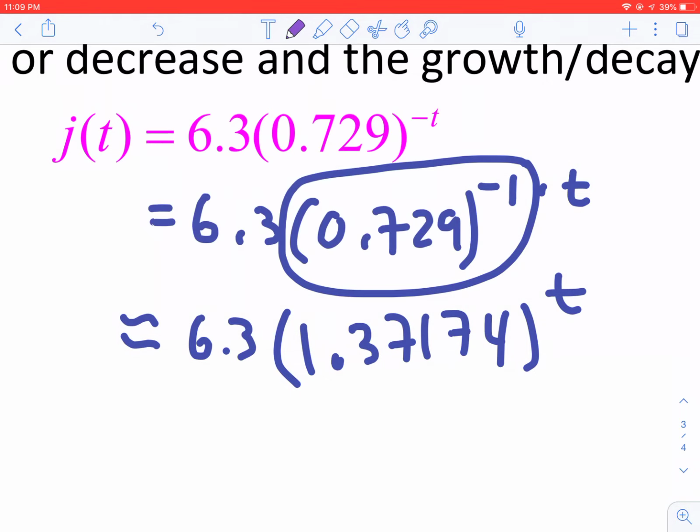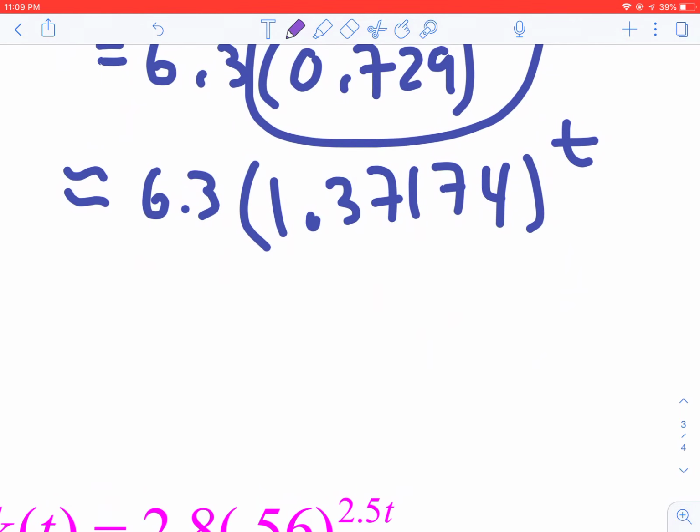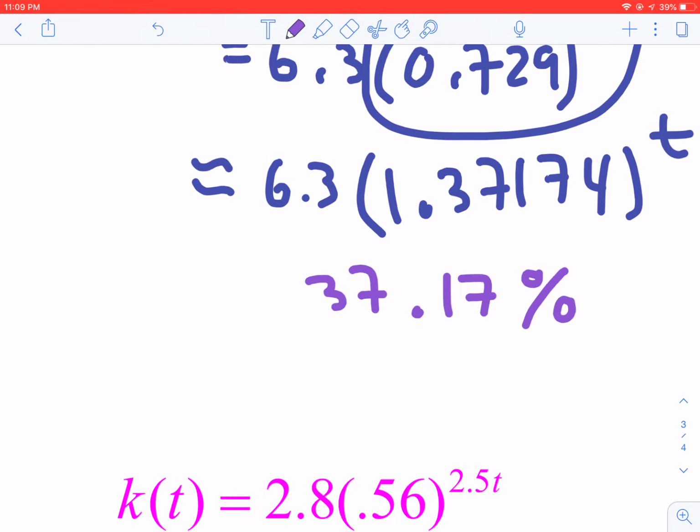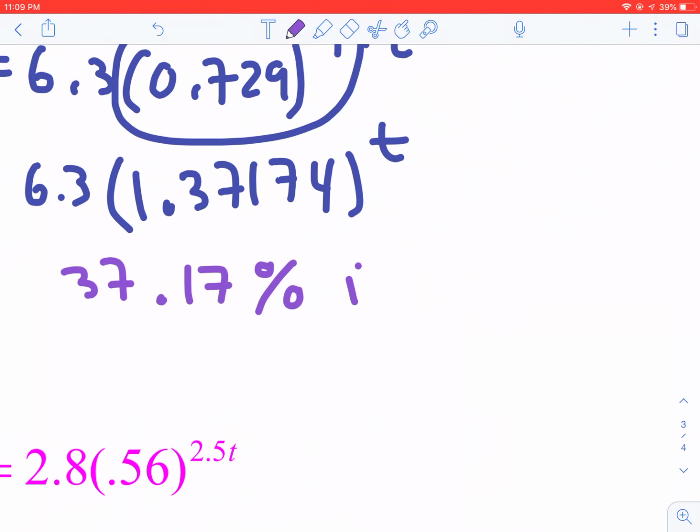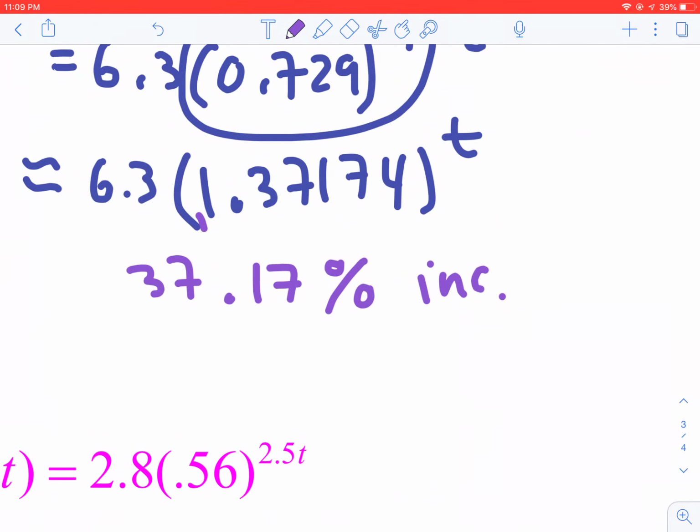So this one is increasing by 37.17%. I should tell you what to round to, I'm sorry. It's a 37.17% increase, which means our growth factor is 1.37174.